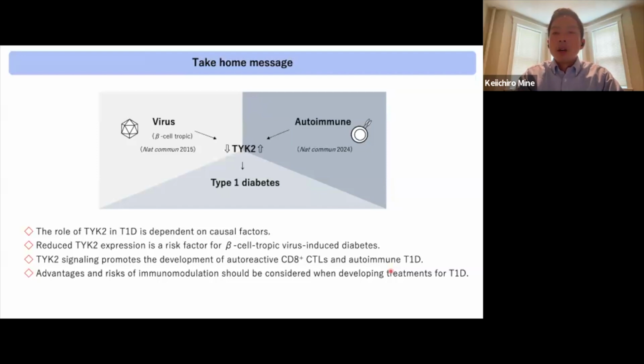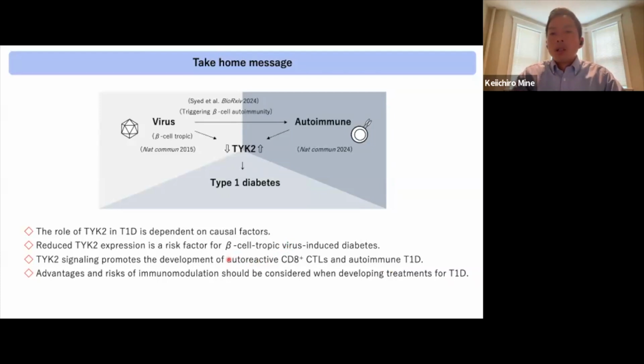In summary, our studies reveal that the role of TYK2 in type 1 diabetes is dependent on causal factors. Reduced TYK2 gene expression is a risk factor for beta cell tropic virus-induced diabetes. However, in the context of autoimmune diabetes, TYK2 signaling promotes the development of autoreactive CD8-positive cytotoxic T lymphocytes and inflammation in beta cells.